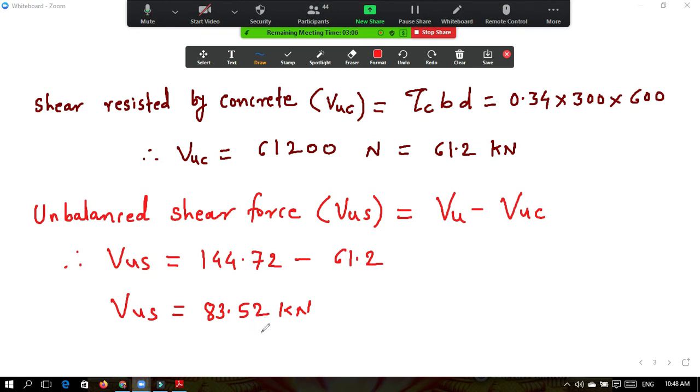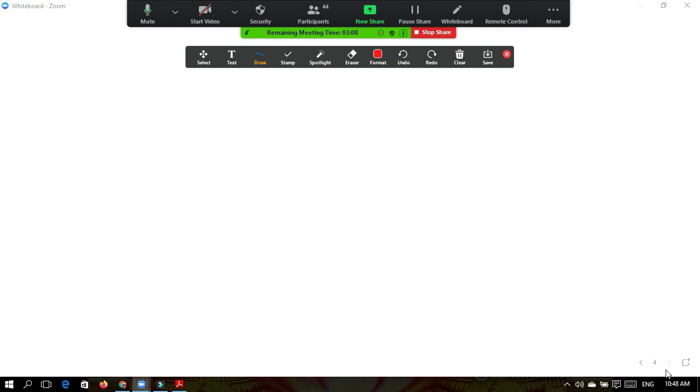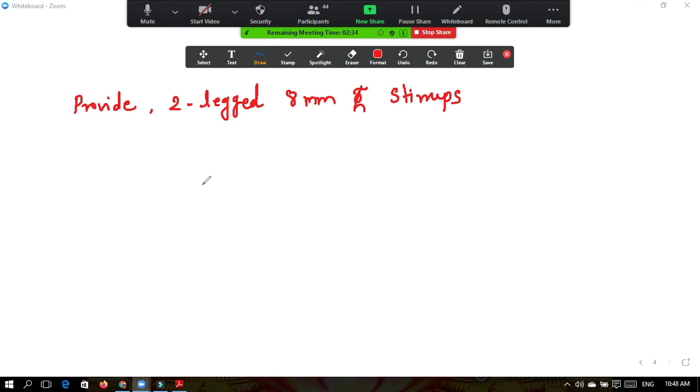Now for this shear we are going to provide the shear reinforcement. To provide it, we are going to provide two-legged 8 mm diameter stirrups. Now calculate the area of stirrup.